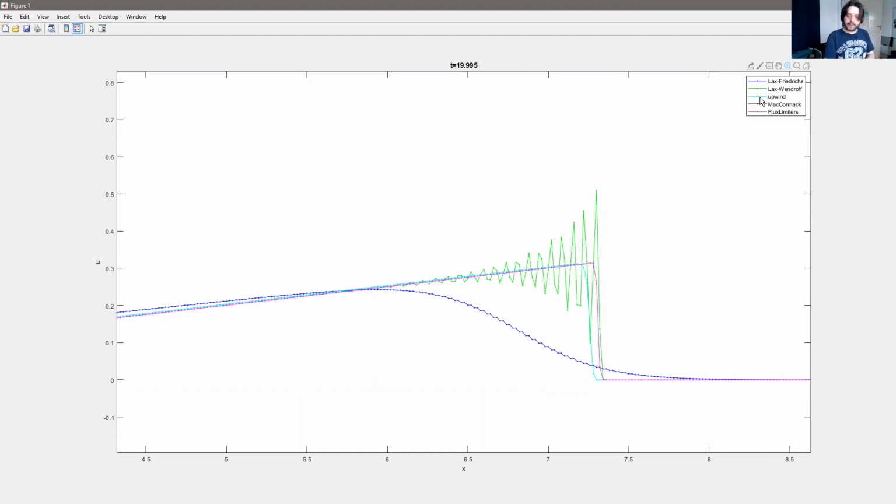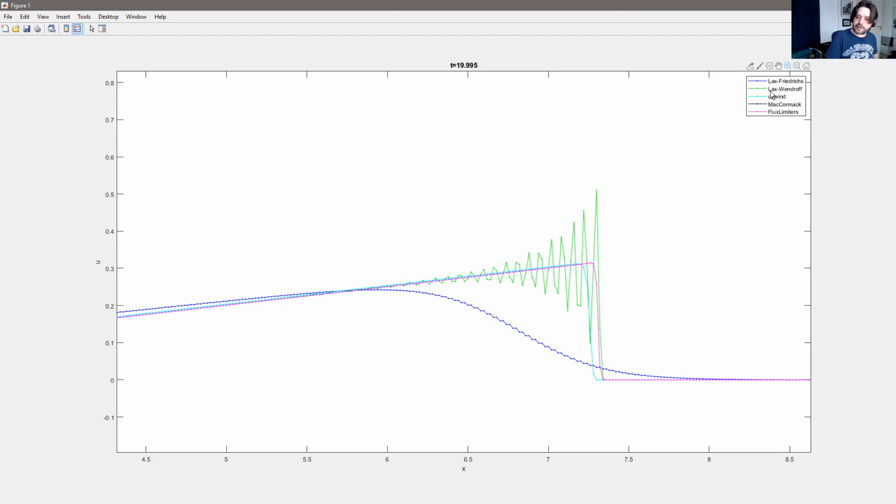The upwind scheme, the light blue one, is also quite diffusive, but not as much as the Lax-Friedrichs scheme. But still, you can see that it already starts slowly going down, and it's more smoothened out than what you would expect from a real shock.